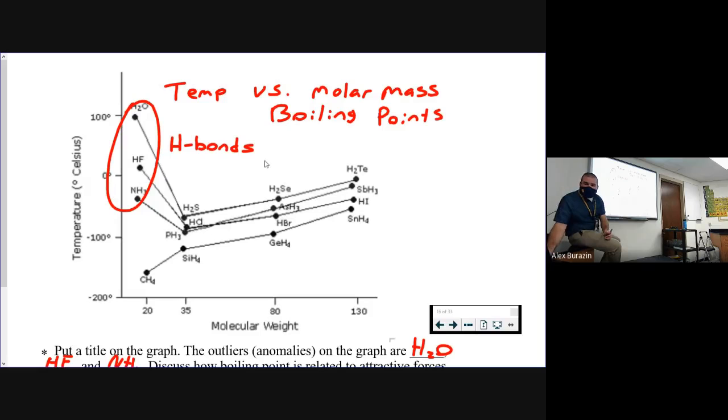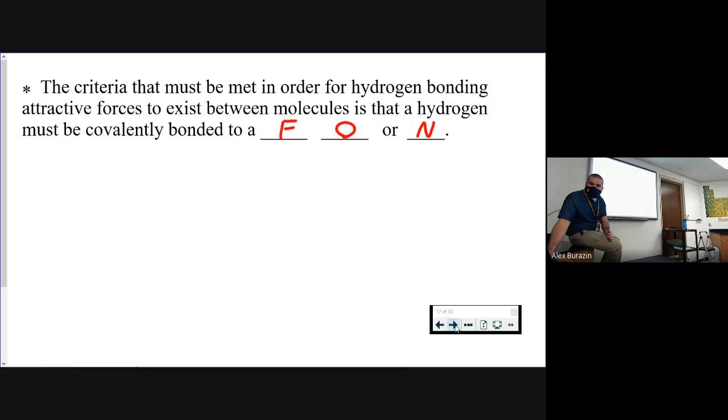The data shows the exact opposite. Here's HF. Here's HCl. The boiling point of HCl is much, much lower than HF. And the only way that we can distinguish why that's occurring is because they have different types of intermolecular forces. HCl does not have hydrogen bonds between the molecules.